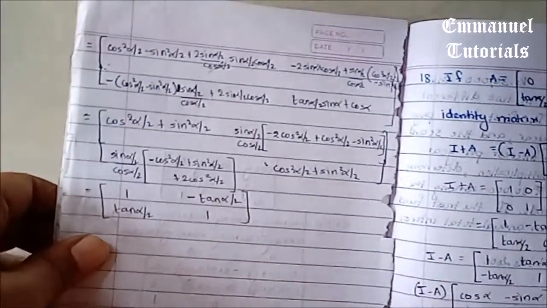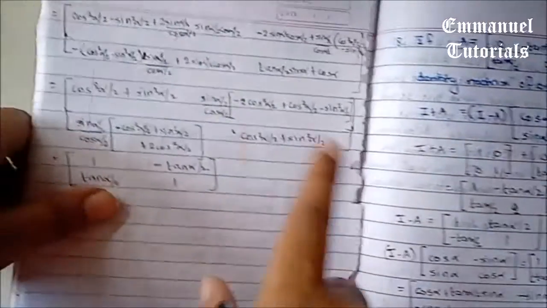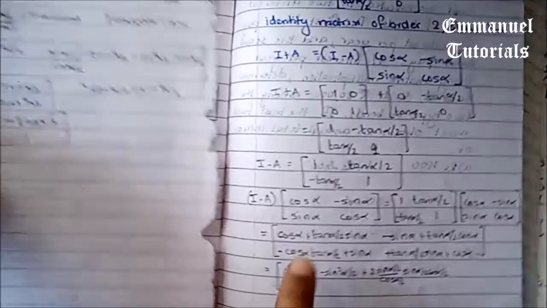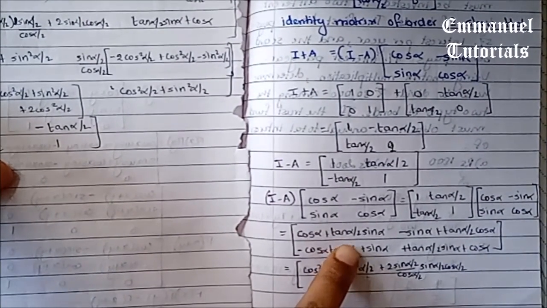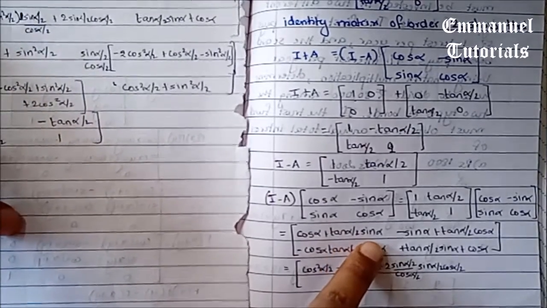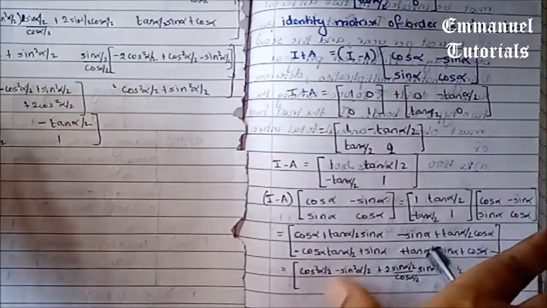Now cos alpha in terms of half angle is cos square alpha by 2 minus sin square alpha by 2, and tan alpha by 2 is sin alpha by 2 upon cos alpha by 2, and sin alpha in terms of half angle is 2 sin alpha by 2 into cos alpha by 2.